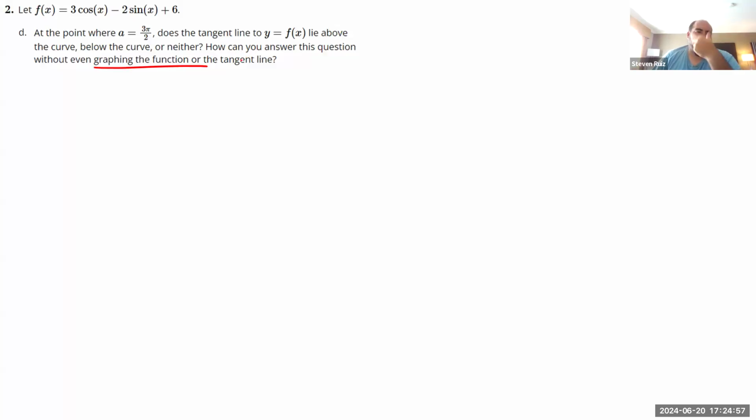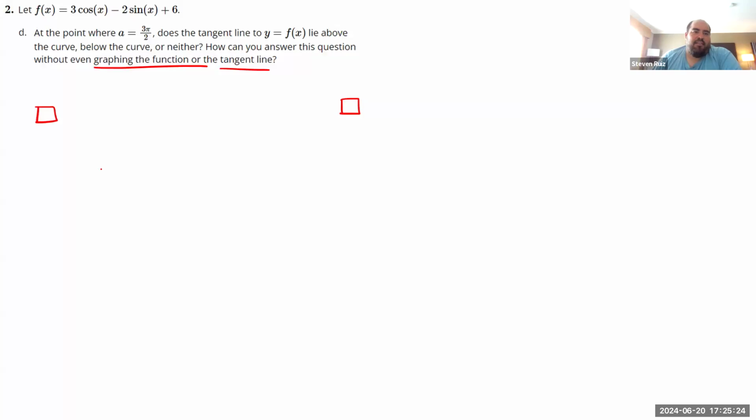I could probably figure out what the value of this function is at 3 pi over 2, but I don't want to graph it. And I don't need to graph the tangent line. So I don't really even need the first derivative. So what I'm really asking for is this. There are probably others, but it's implying to me that one of these things happens.